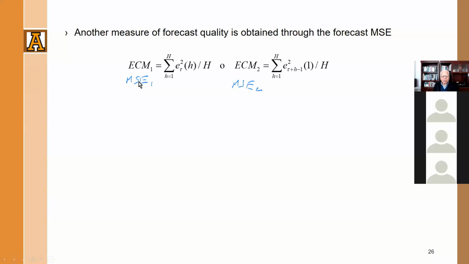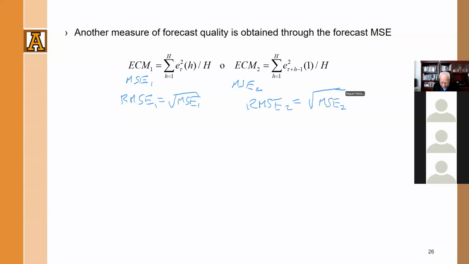And actually, this is in units squared. So what's going to be more useful is to compute what's called the root mean square error, which in this case will be the square root of MSE 1. And the root mean square error 2 will be the square root of the mean square error 2.